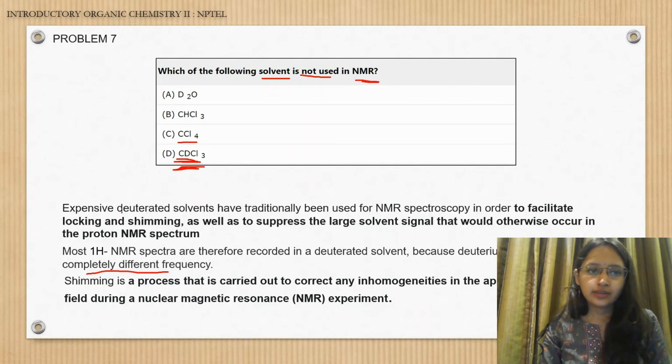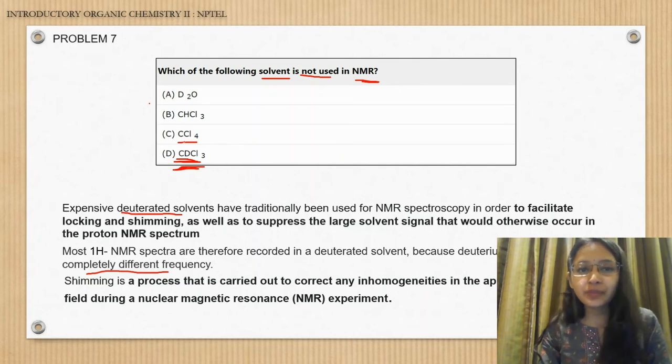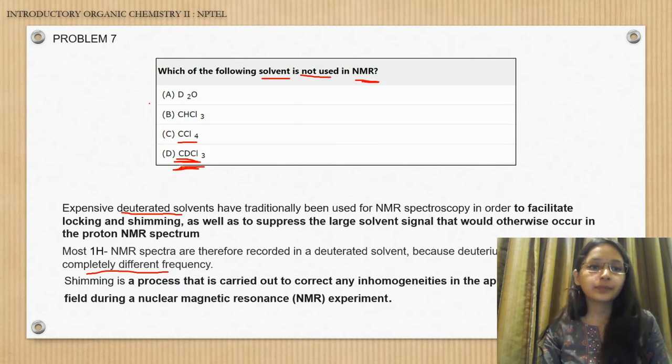We generally use the deuterated solvents, right, for recording the NMR. So A is a deuterated solvent. CCl4 doesn't have a proton, so it will not show up in NMR, right? Now CDCl3 is also deuterated, so it is not going to give you an intense peak in the 1H NMR.